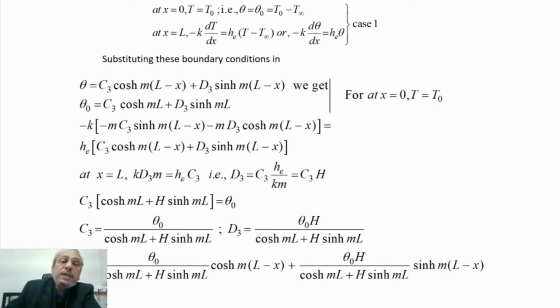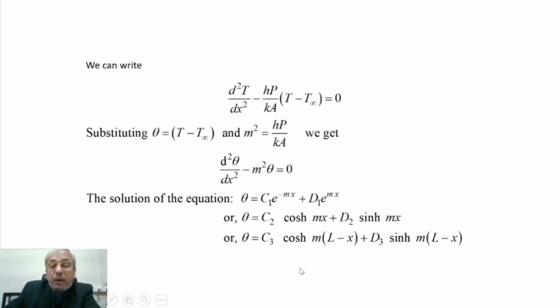Now substituting these boundary conditions, so theta equal to C3 cosh m(L minus x) plus D3 sinh m(L minus x), we have taken the last one. So basically the solution is in the form of e to the power minus x and e to the power plus x.